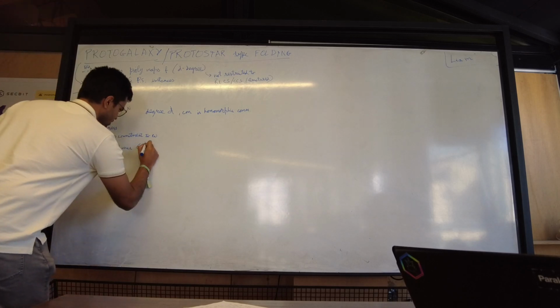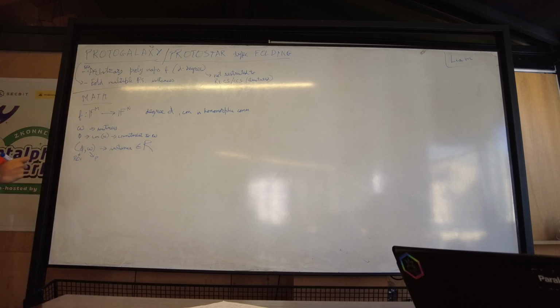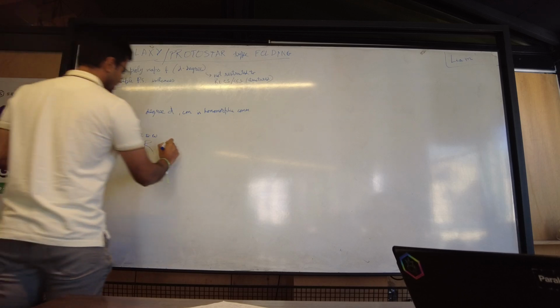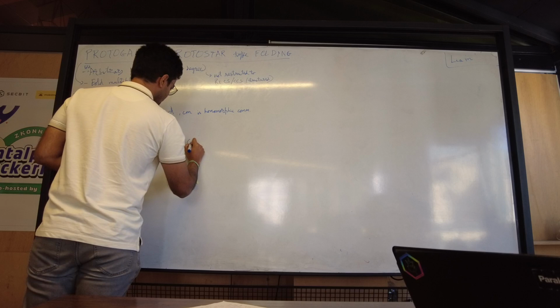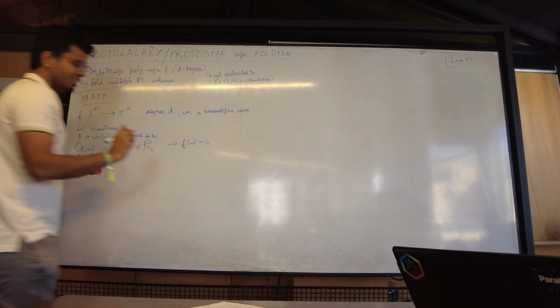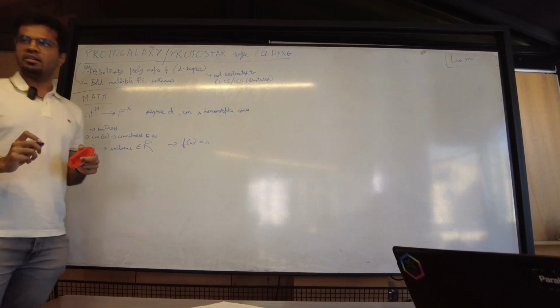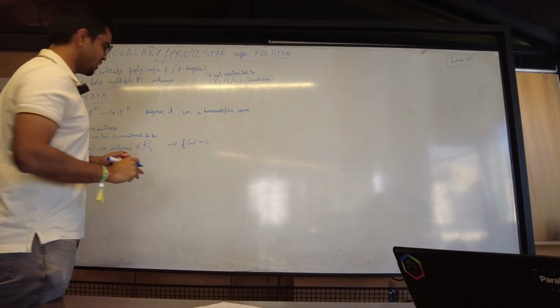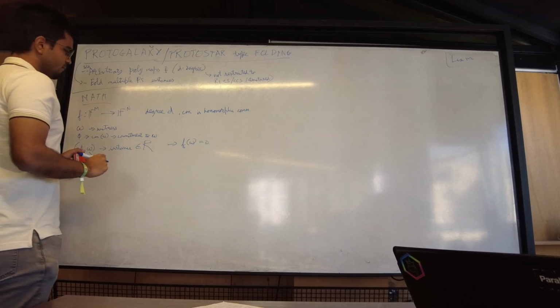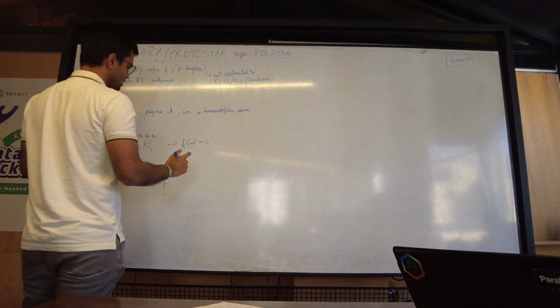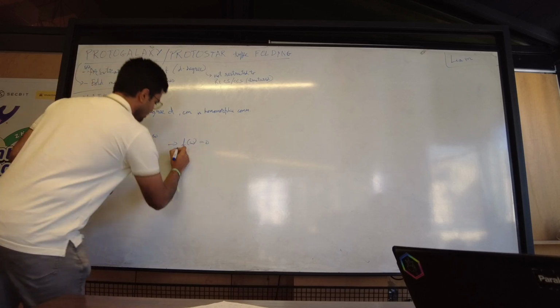So you have this, and now this is the instance. You can say the instance belongs to this set R, and the equation that's supposed to hold is that f of omega should be equal to 0 for any valid instance. So this is the basic premise of Protostar, and you can use this f to write R1CS constraints as well.